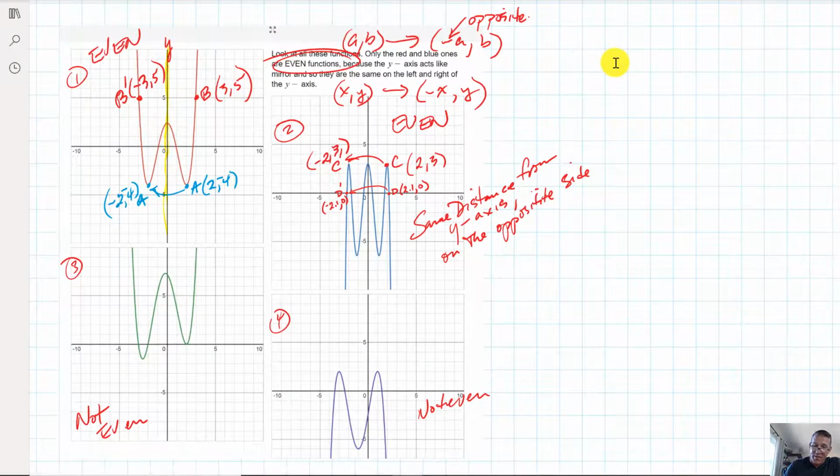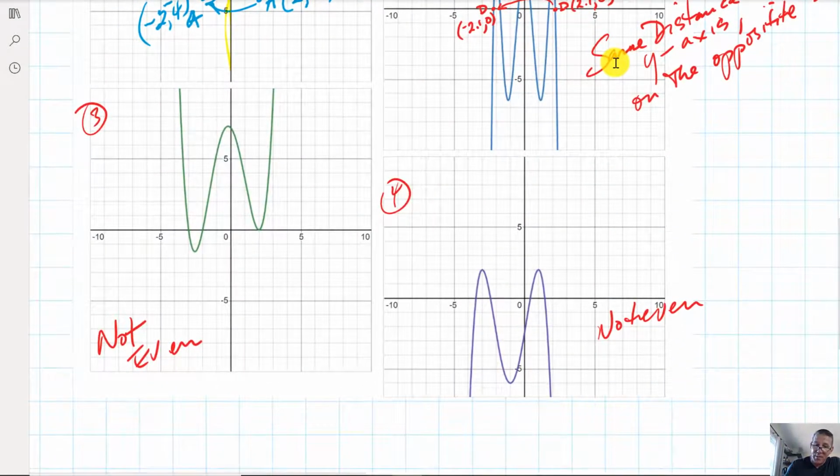Now, the other graphs are not even. They don't have symmetry because at this point right here, let's call it D, all right? That's 2 comma 0. Now, if you reflect that, it goes over here. And obviously, this low point right here, that's not at negative 2 comma 0. It should be obvious. All right.